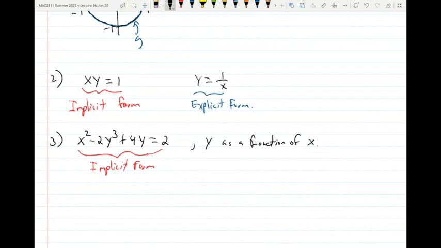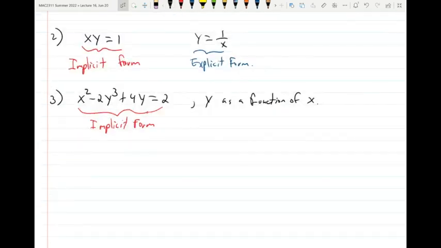So this is the implicit form, and it is difficult. I don't want to say it's impossible because I don't know how to solve for y here, and I don't think it can be done, but maybe there's a crazy formula that will allow you to do this. Certainly, it's not something as simple as moving the x to the other side, or taking a square root and we're done. For example, if we didn't have this 4y here, then it's easy, right?